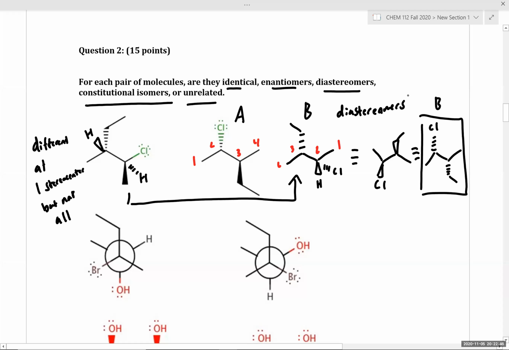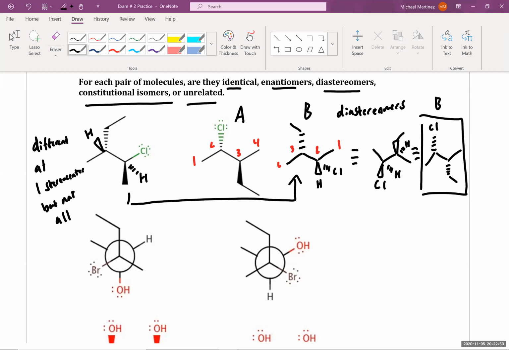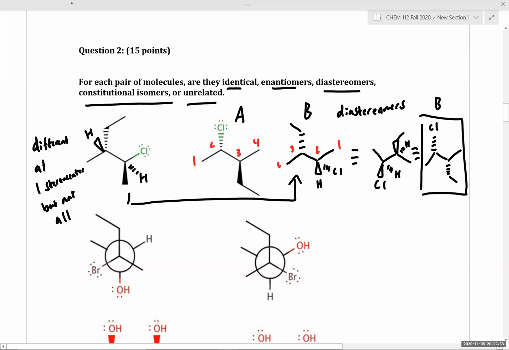Now, you may say, this method seems like an absolute pain. Is there a faster way? Yes. Remember, if you're really fast at assigning stereocenters, there's actually a trick. I know, for example, that this center is S and the second center is S. Based on that, if I look at the stereochemistry of each of my centers in B, I notice the chlorine center is S. Makes sense.